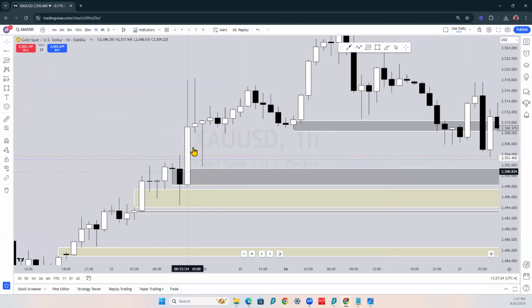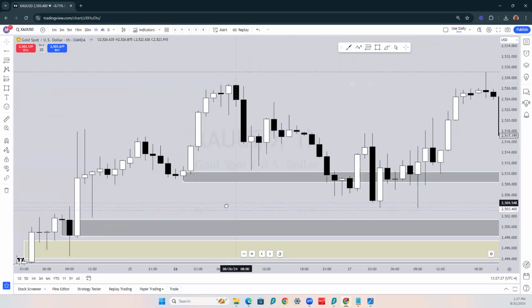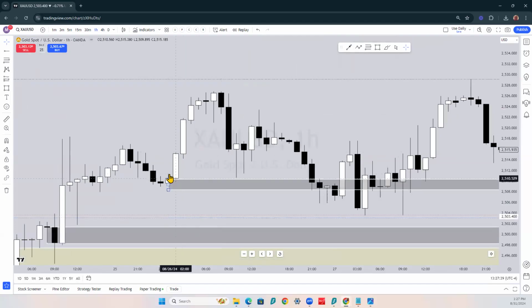All right, is there a gap over here? No, because this wick pretty much covered up this whole area here. There's no gap there. Is there a gap here? Yes, there's a gap there. This candle and this candle, there's a gap, right? Look what it did. It came back and filled the gap. This is what I'm talking about.